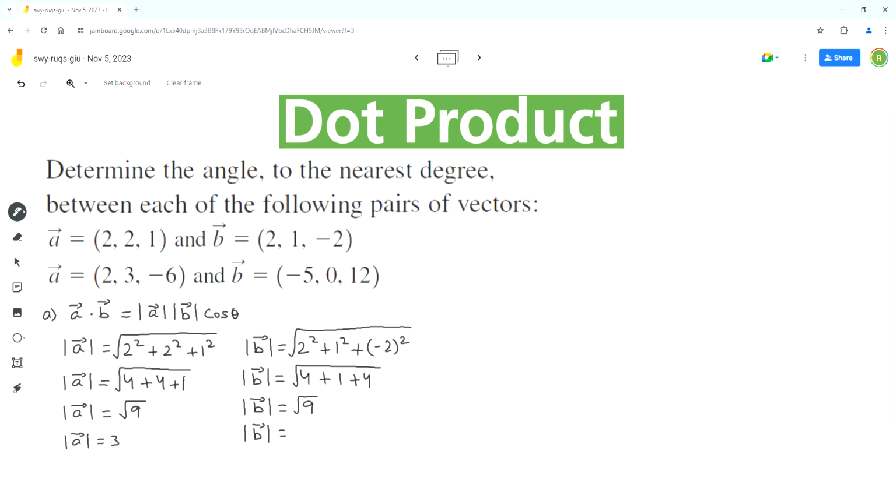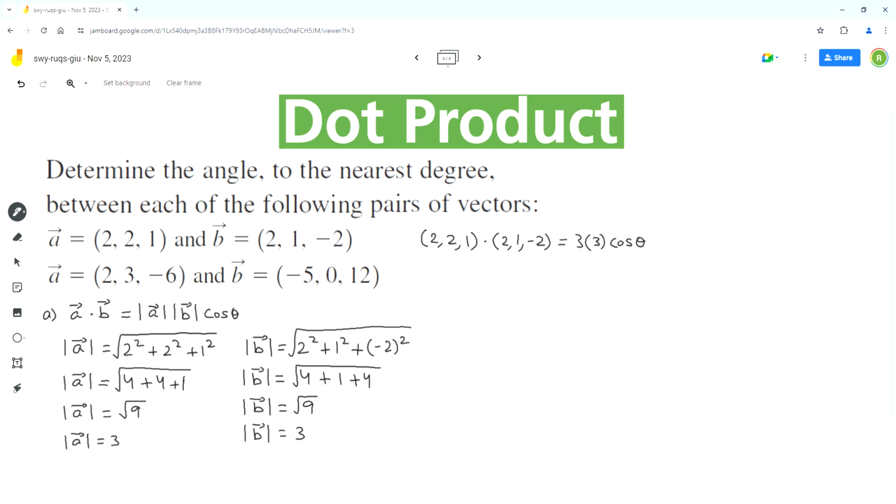And square root of 9 is 3. Now we can sub in the values in the dot product equation. So we'll start with the left side. So theta is the angle between vectors A and B, and we have to find the value of theta.